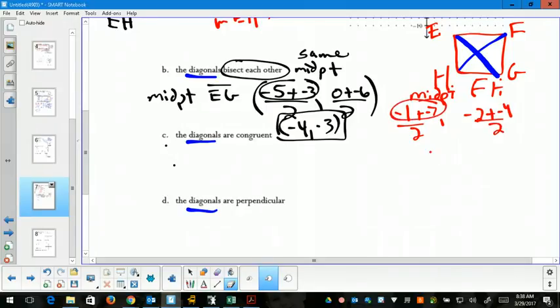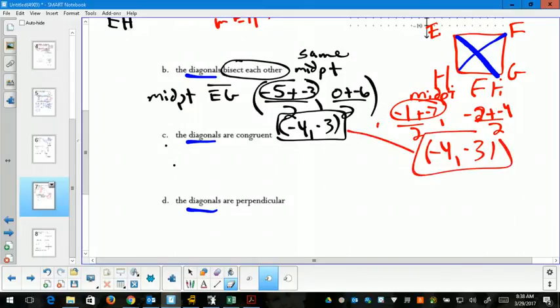It's going to be -8 over 2, which is -4. And -2 and -4 is -6 over 2, which is -3. And in fact, they are the same. So we're good. We just showed that they bisect each other because they have the same midpoint.